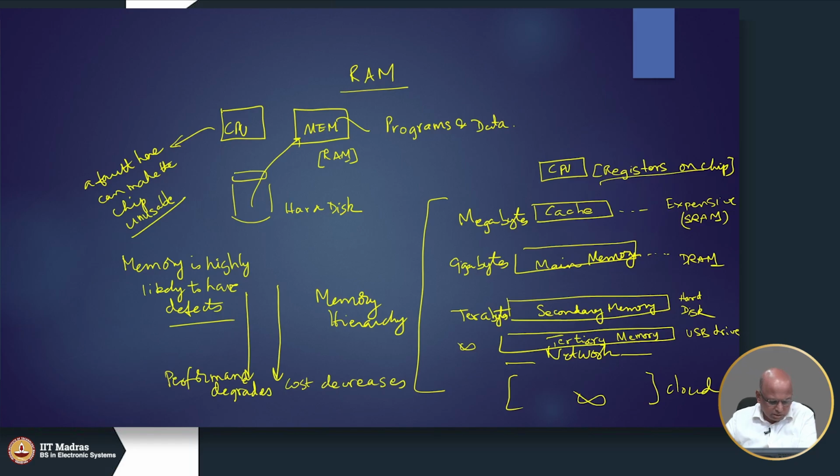Now, let us look at a very popular SRAM cell. How is an SRAM constructed? So, an SRAM cell is built out of 6 transistors.